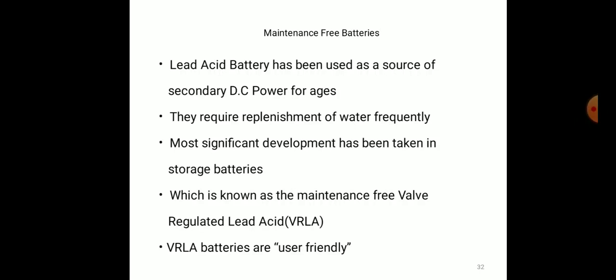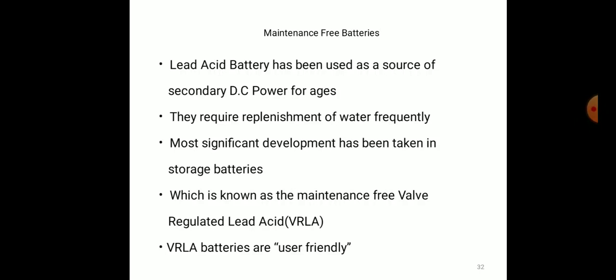Generally, we know that lead acid batteries are used as a source of secondary DC power, but they require replenishment of water frequently. These secondary cells always need water poured into the battery.